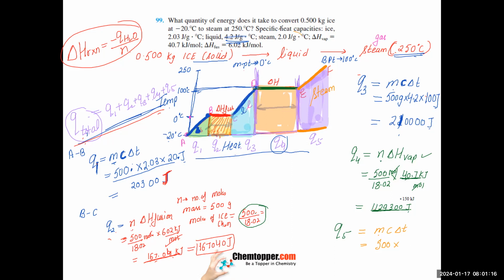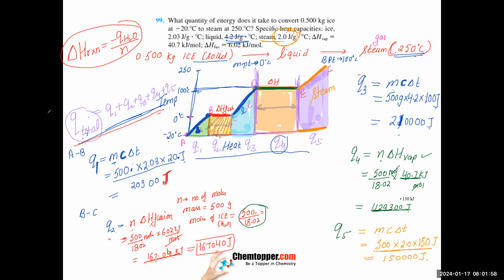So C is given. This is steam, gas, 2.0. What is delta T? Yes, Aditi, perfect thinking. You have to be fast like this. Work with me, children. Don't be in the listening mode, be in the doing mode and keep helping me. And how much is this? 150000 joules.